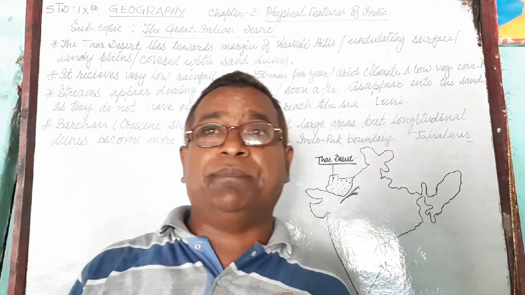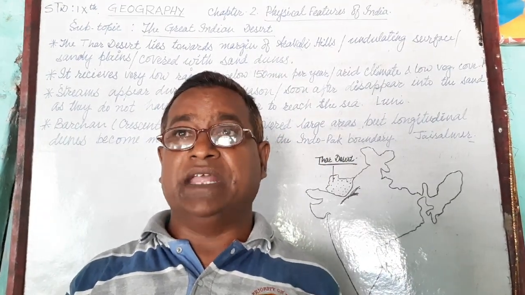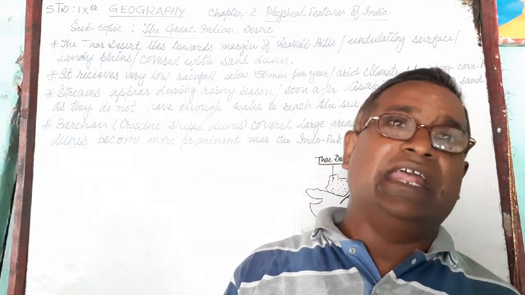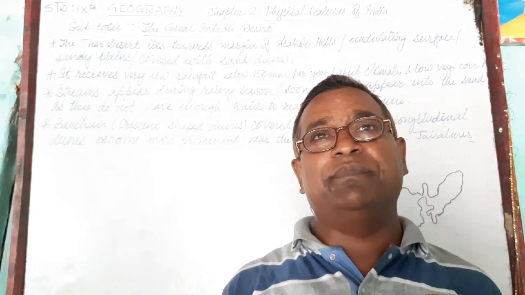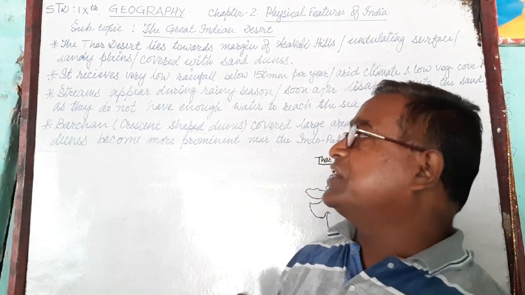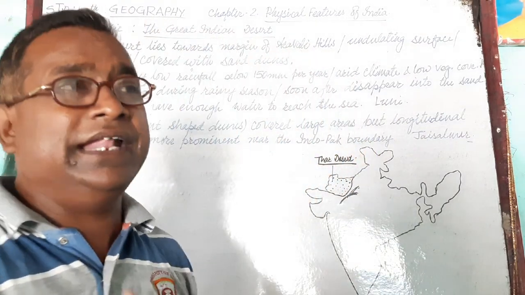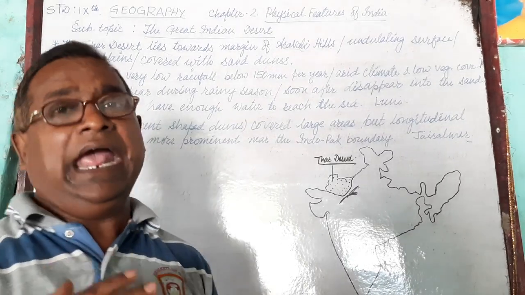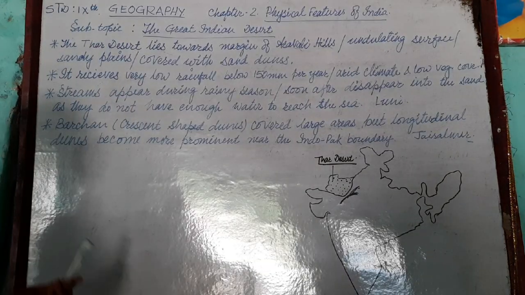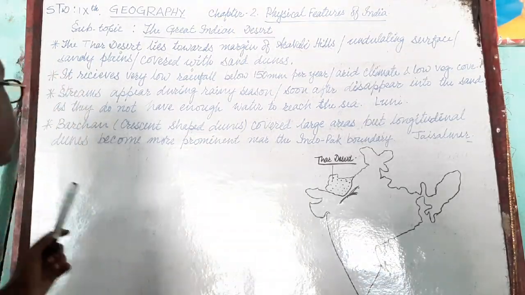In summer, 50 degrees Celsius is recorded in the daytime, while at night on the same day the temperature is 25 to 30 degrees Celsius. So there is a great difference between the temperature of day and night. These are the climatic features of the Thar Desert.